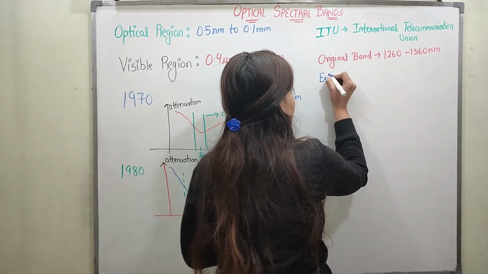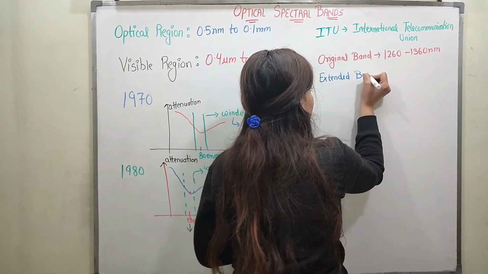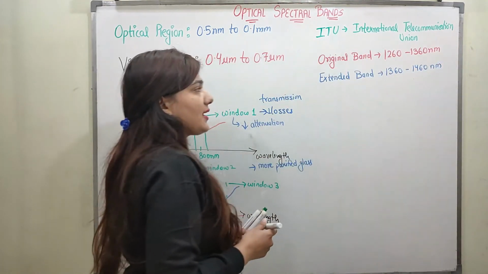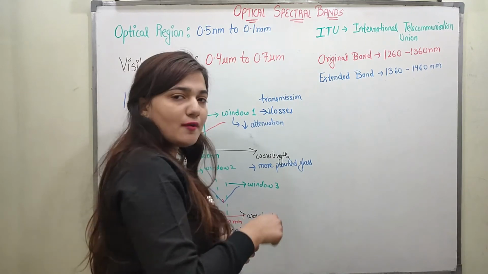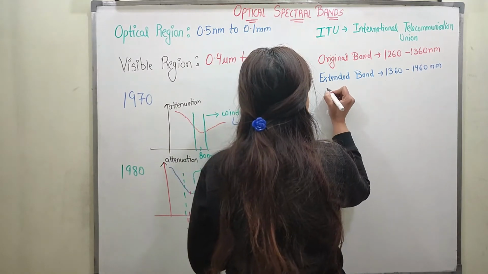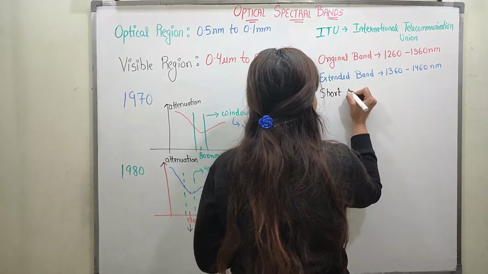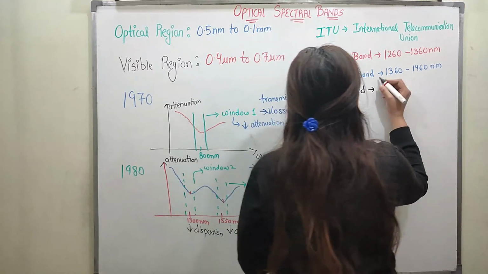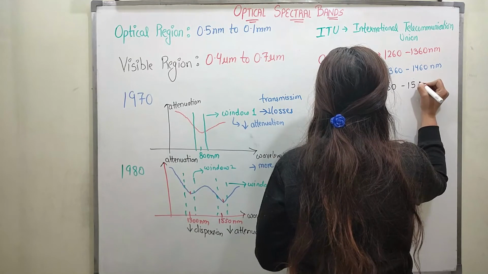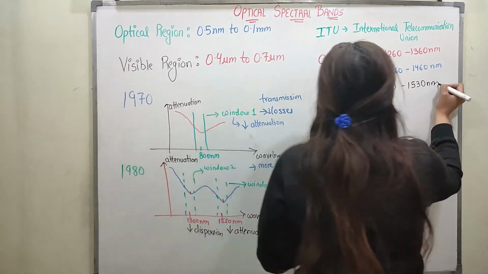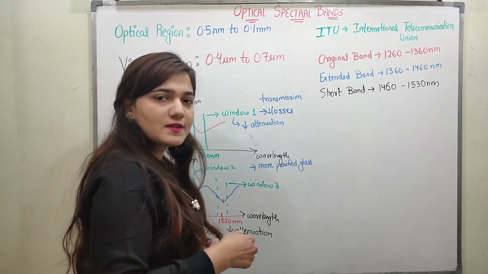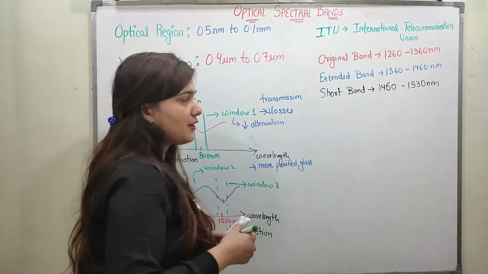Then we have the extended band, which ranges from 1360 to 1460 nanometer. After that we have the short band, which ranges from 1460 to 1530 nanometer.